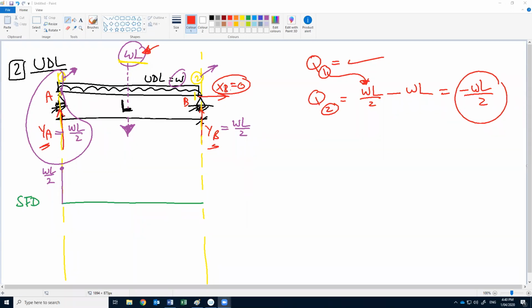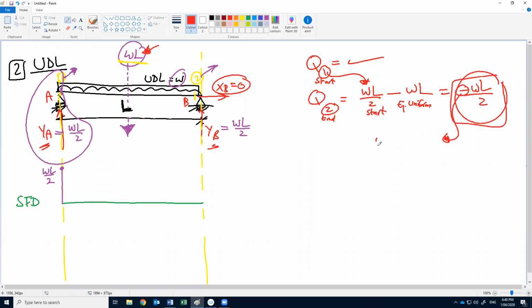Okay, so the shear at the end, this is the end of the uniform load and this is the start of the uniform load. The shear at the end will be the shear at the start minus the equivalent uniform load. So the shear value will be minus WL by 2. What does this negative sign mean?